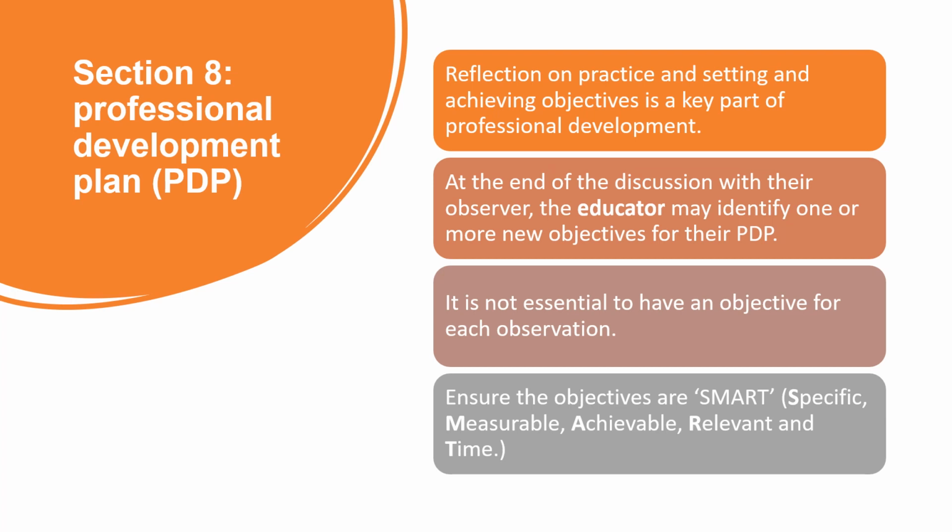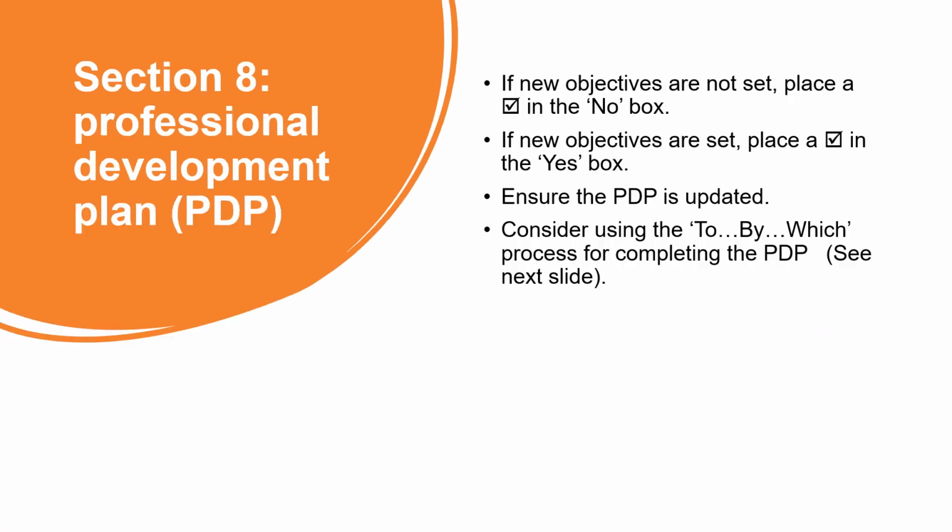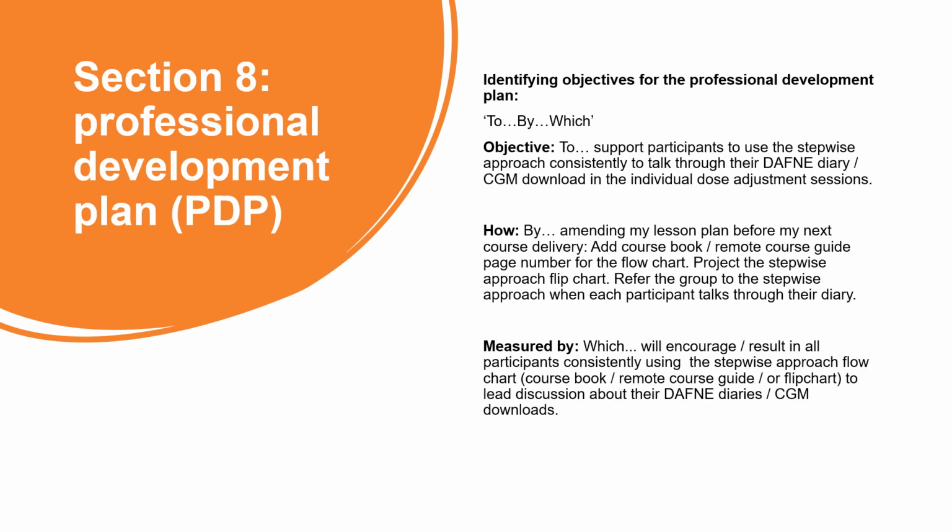Using a SMART approach can help you to set achievable objectives. Record if new objectives have been set and update the PDP. Some people find using the to, by, which process helpful. The to, by, which process is outlined here.